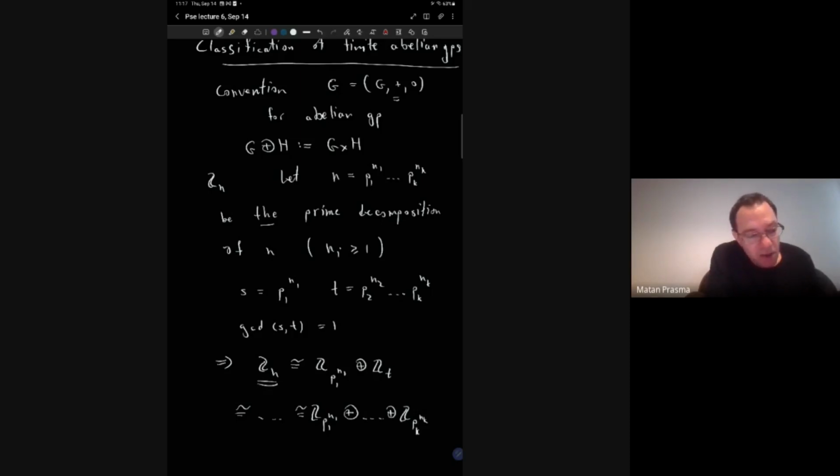But of course, we are not guaranteed that every finite abelian group is integers modulo n. Of course, if the group is not cyclic, it cannot be isomorphic to integers modulo n. But we can do something similar.